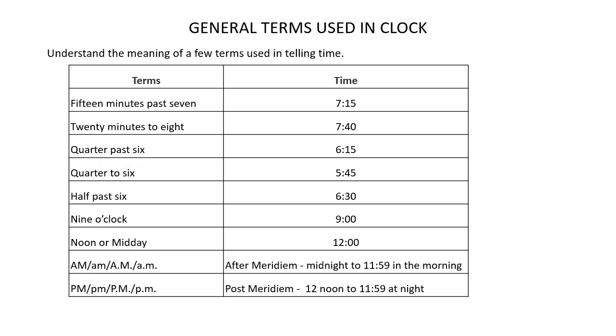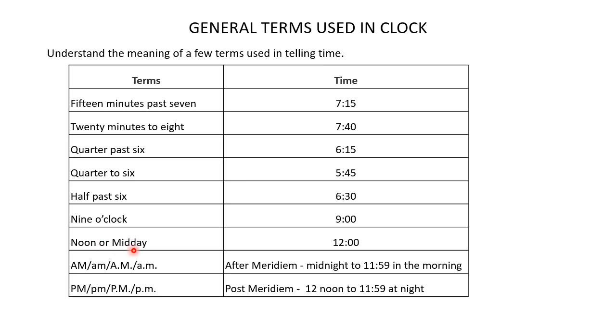Quarter past 6 means 15 minutes after 6 o'clock. So the time is 6:15. Quarter to 6 means there are still 15 more minutes to 6 o'clock, which means the time is 5:45. Half past 6 means 30 minutes after 6 o'clock. So the time is 6:30. 9 o'clock means the time is 9.